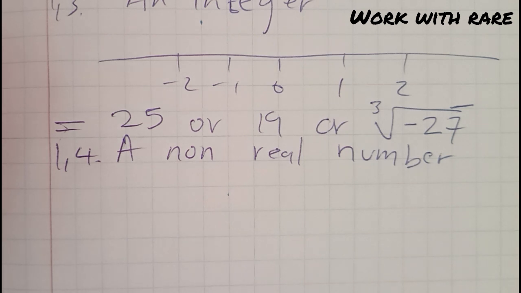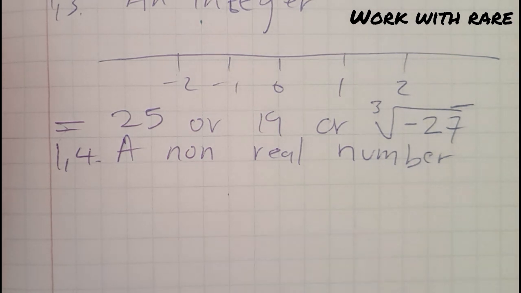Okay, so for us to check a non-real number, normally those are numbers that give us maths error, because we don't have a real number for that number.